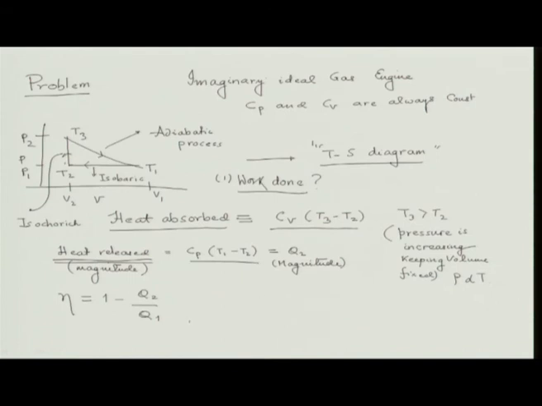Now, let me try to calculate the efficiency: 1 minus Q2 by Q1, which is nothing but 1 minus Cp (T1 minus T2) by Cv (T3 minus T2). This gives me the answer, but it is not a very good answer because the problem gives me V1, V2, P1, P2. It does not give me T1, T2, T3. So, I should be able to express everything in terms of given quantities in the problem. So, let us proceed.